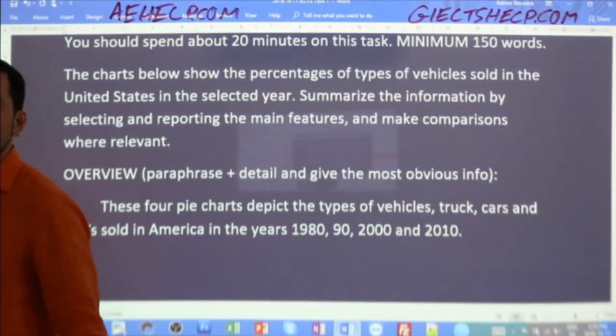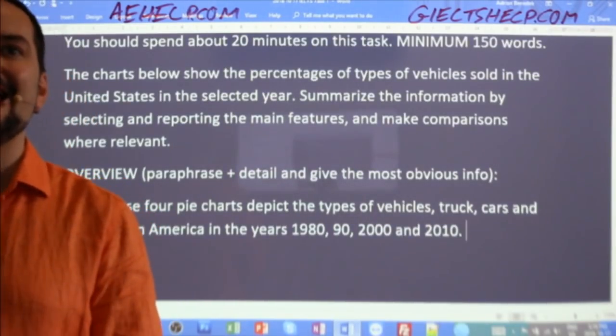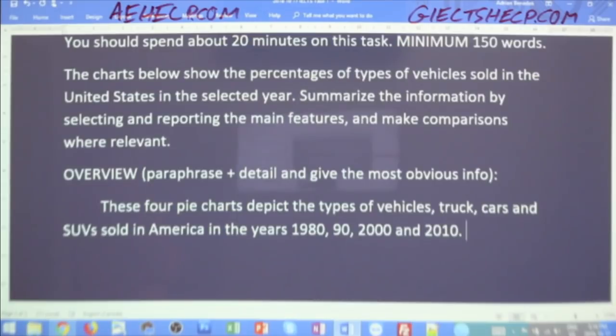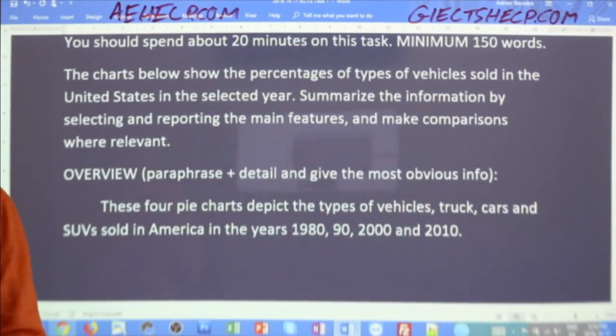Okay? So those are the details, all right? So it's a paraphrase and giving more detail to the information. Now, that's what I do first.